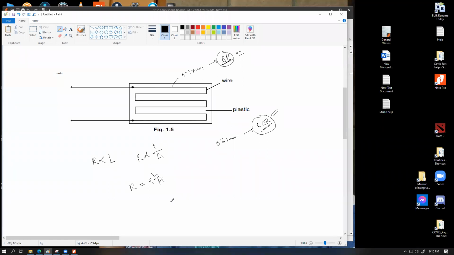Now, whenever the wire undergoes an increase in length, try to understand. Try to visualize this wire as a single piece of wire in a cylindrical shape. If you start to extend it on both sides, it's going to increase in length. Wouldn't this essentially cause the wire to become thinner?